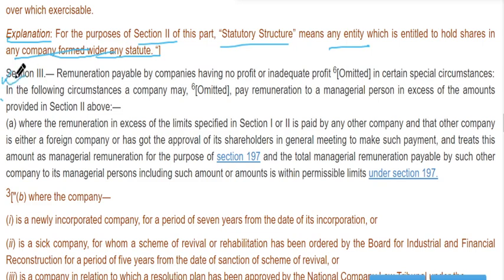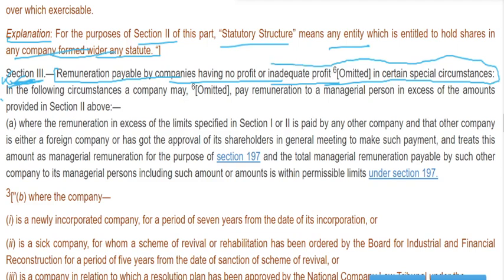Section 3 of Part 2 of Schedule 5 deals with remuneration payable by a company having no profit or inadequate profit in certain circumstances.